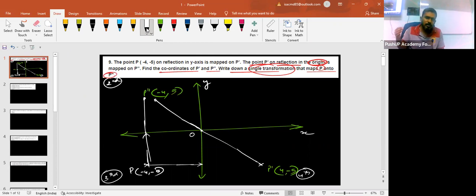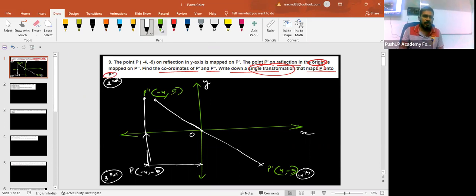From the fourth quadrant, you reflected through the origin and reached the second quadrant. What you could have done is go directly from the third quadrant to the second quadrant, and that can happen only if point P is reflected in the x-axis.